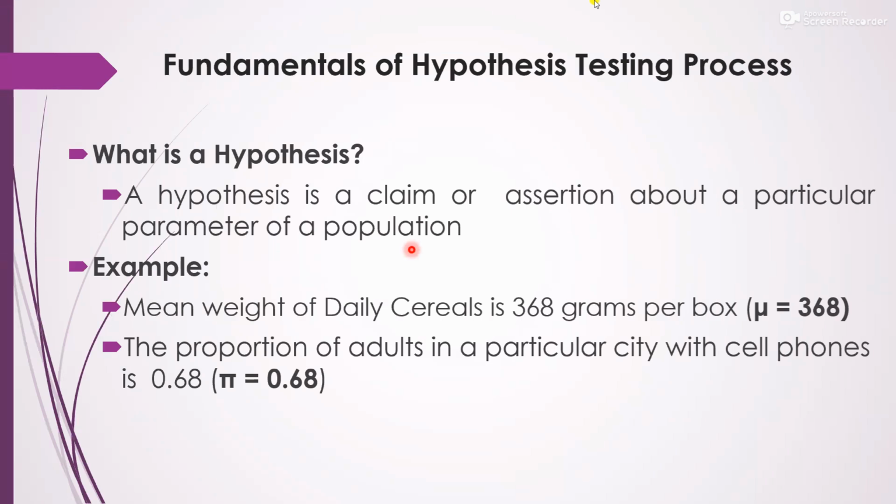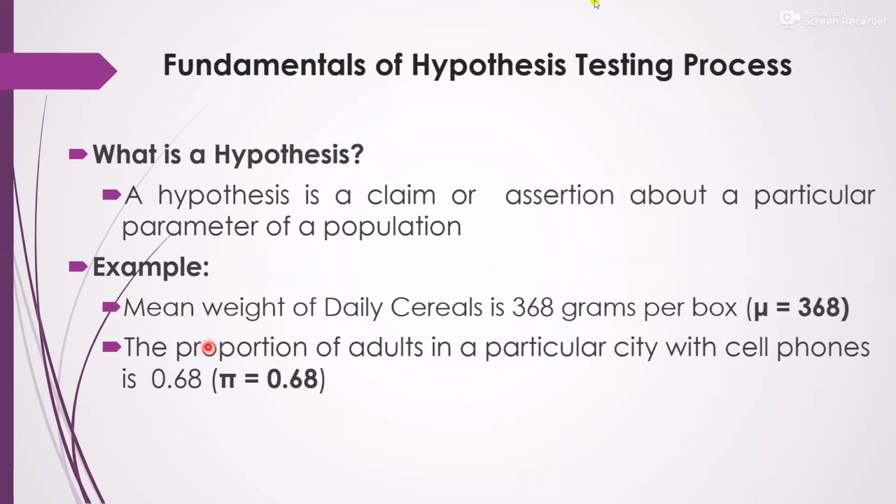This parameter may be the population mean or population proportion, or population standard deviation. But here we are only considering the mean and proportion. So whatever statement we are making about a population parameter is called a hypothesis. So a hypothesis is a claim or assertion about a particular parameter of a population.